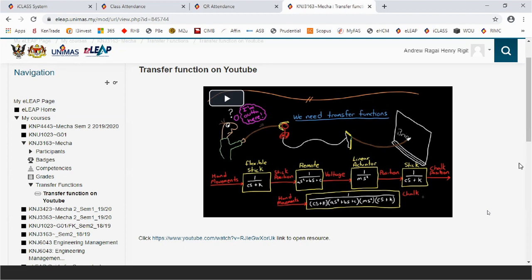Sir, is there any program that we need to use? Handwritten or Word document? Oh, okay. Yes. When you prepare your assignment, I expect you to use Word to write your report.